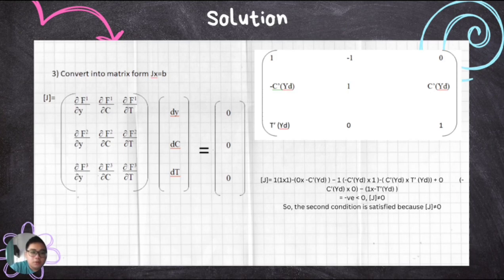Okay, so we get the final answer is negative, less than 0. That means J is not equal to 0. So the second condition is satisfied because J is not equal to 0. So in conclusion, the two conditions of the implicit function theorem are satisfied at the equilibrium points.